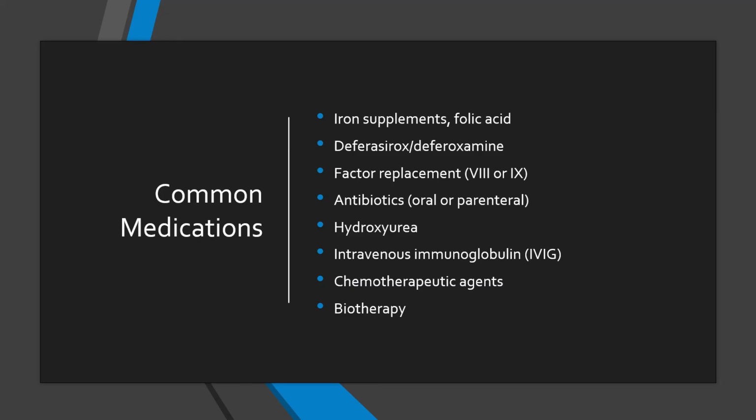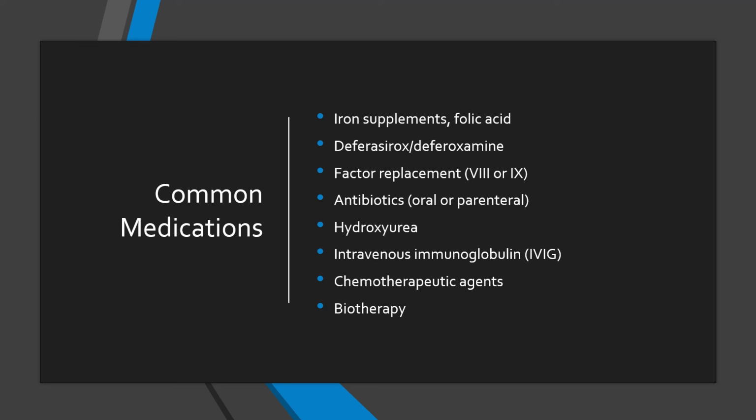Here are your common medications that you may see: iron supplements and folic acid for our iron deficiency kids. Deferoxamine is for our iron-toxic, chronically transfused children. So if they've gotten several blood transfusions and have really high iron, you might see this medication being given.